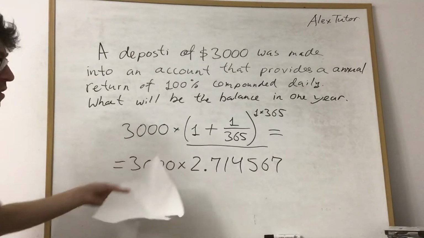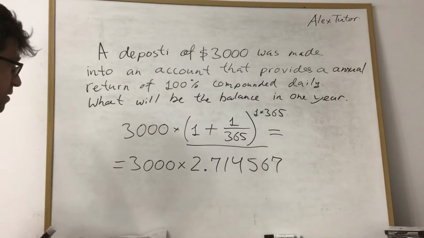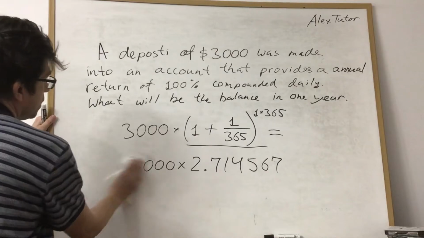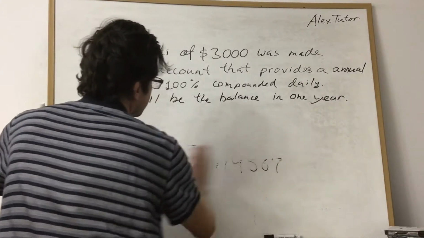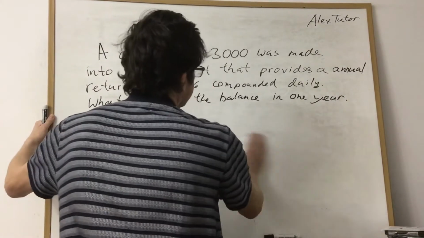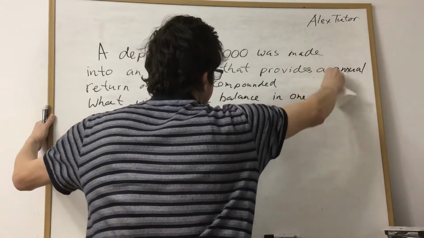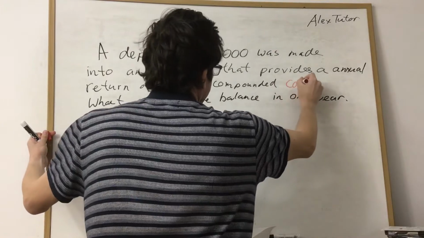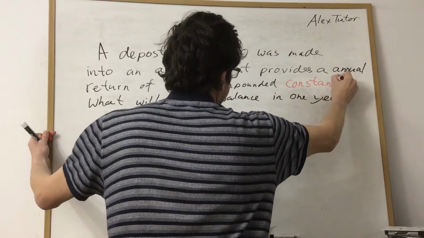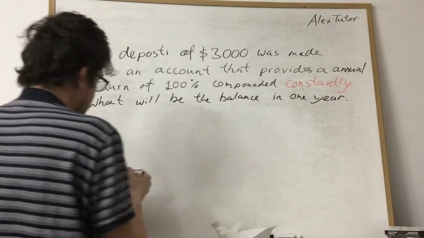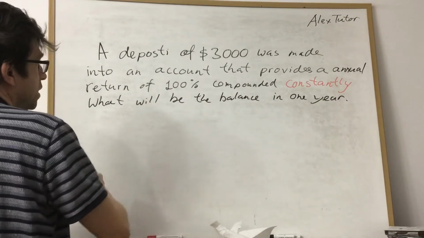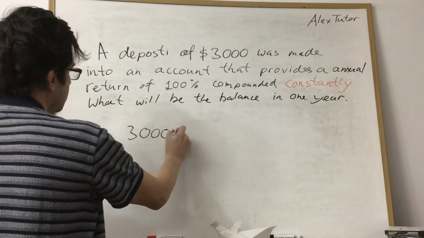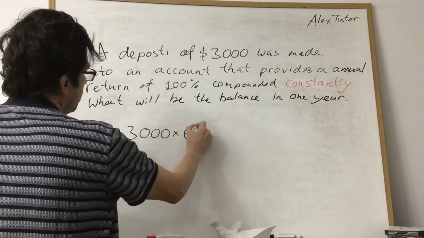Now, what if it compounds constantly? Instead of the word daily, I will write the word constantly. Now see what will happen. Since it's constantly, then it will be 3000 times e to the power of 1.